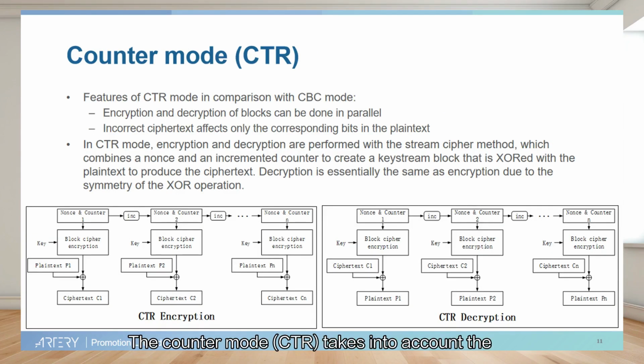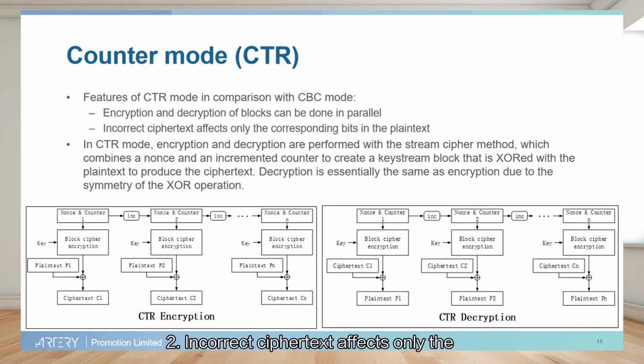The counter mode, CTR, takes into account the advantages of both ECB and CBC. CTR mode has the below main features in comparison with CBC. First, encryption and decryption of blocks can be done in parallel, since such operations only depend on the keystream block generated by a nonce and an incremented counter.